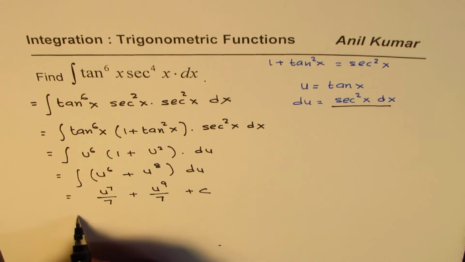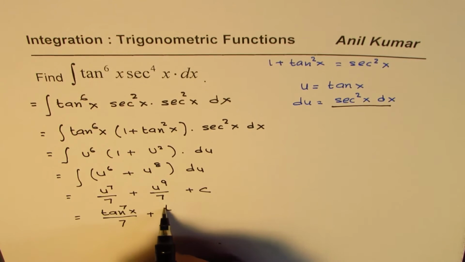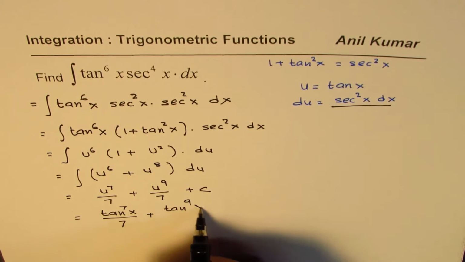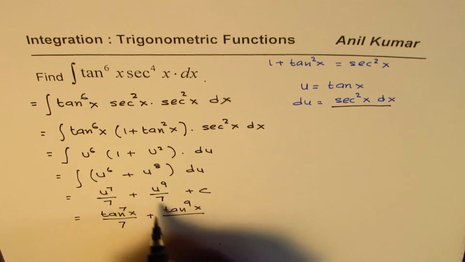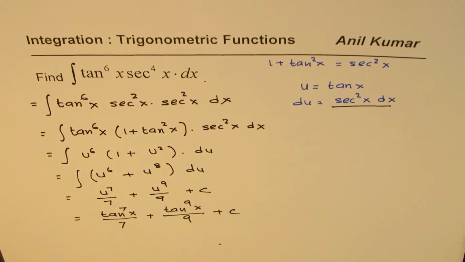Replace u with tan x. So you get your answer: tan to the power of 7x over 7 plus tan to the power of 9x over 9 plus c, right? That is how you are going to solve such questions, correct?